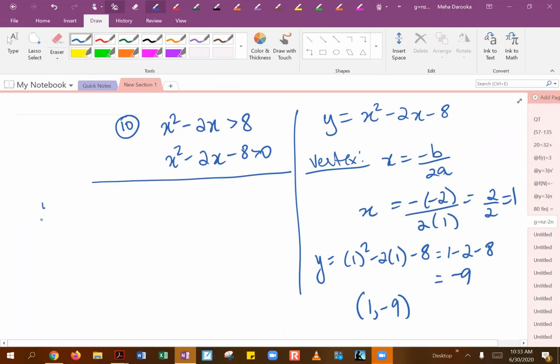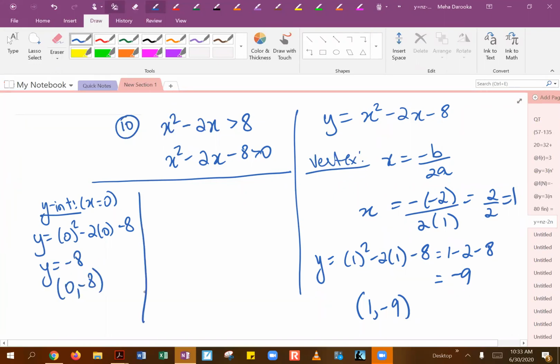So let's look for the y-intercept by making our x value 0, and what will that give us? Lori, you got 1, negative 9 for your vertex. Very good. Meredith, yeah. Our y-intercept will come out to be negative 8. So that's the ordered pair 0, negative 8.